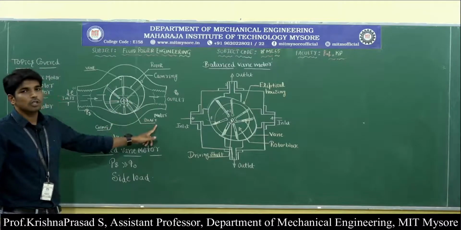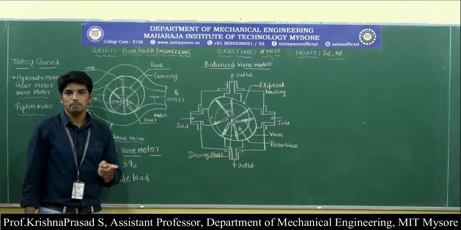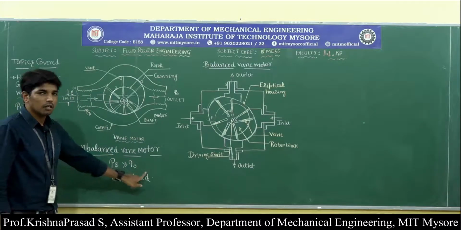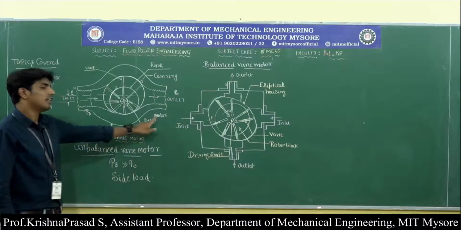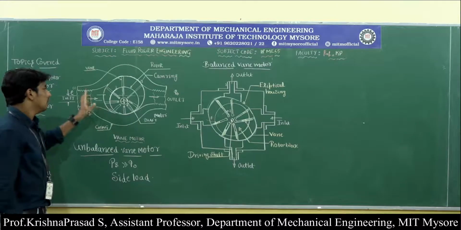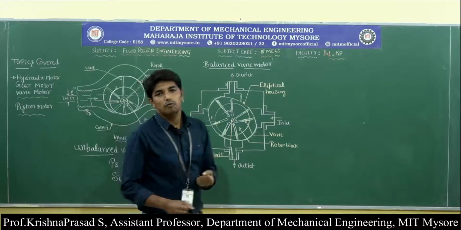Because the system pressure is greater than the outlet pressure, a side load exists on the motor shaft, and these side loads are mainly because of only one inlet and one outlet port. Because of that, the bearings are going to experience unbalanced forces.